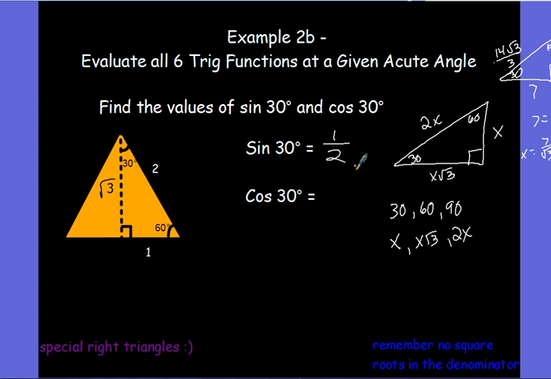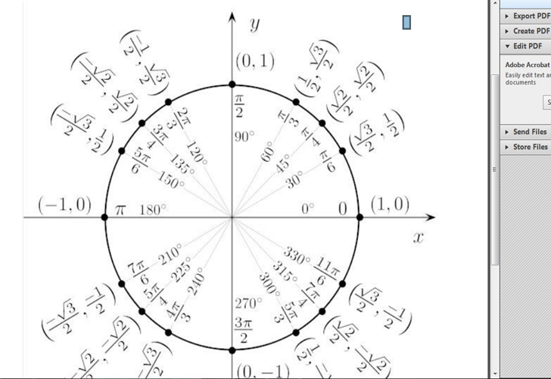What's the cosine of 30? Cosine is adjacent over hypotenuse. What's my adjacent? Here's my 30. Square root of 3 over 2. Do they look familiar?